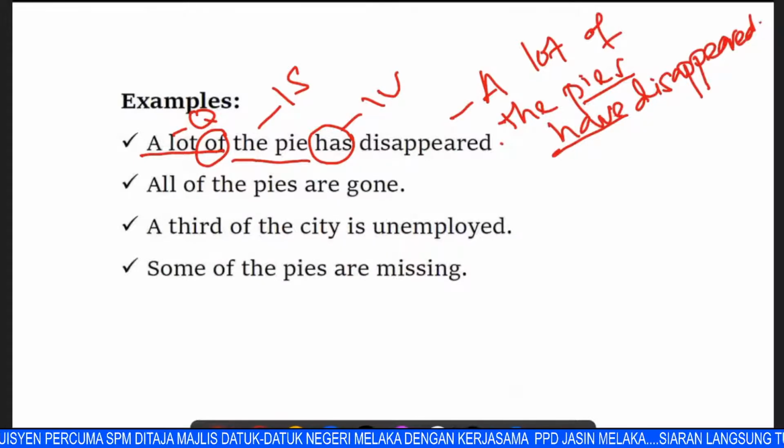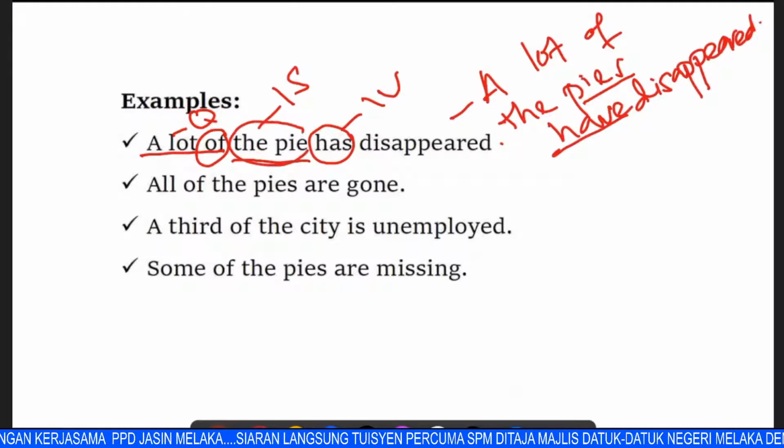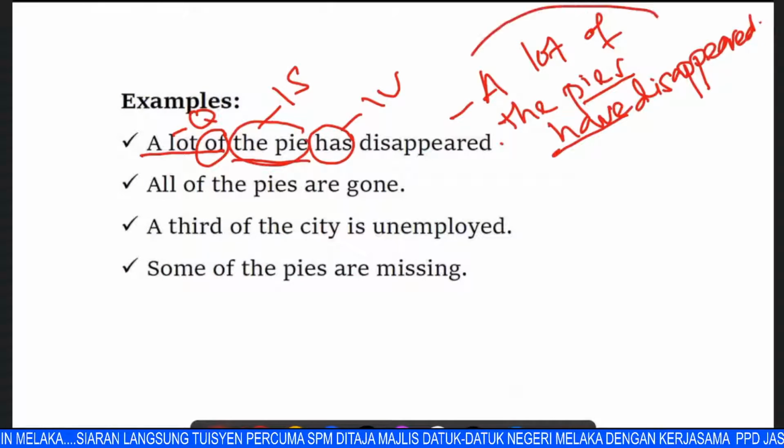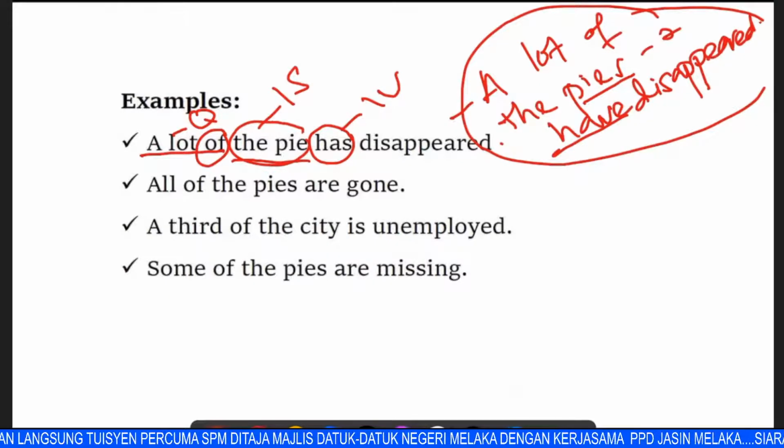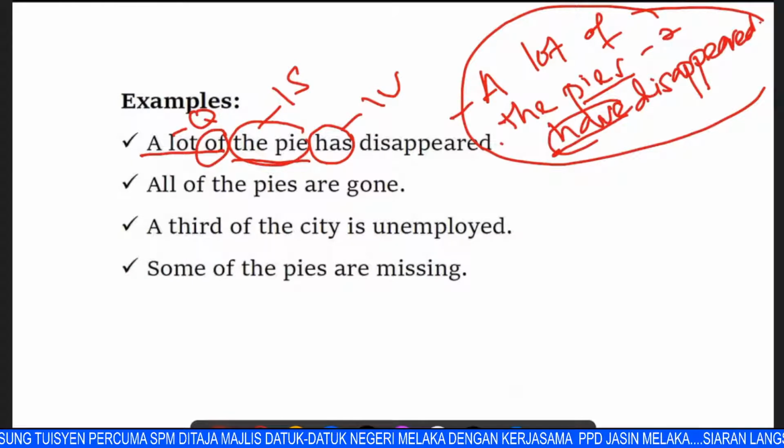A lot of the pies have disappeared. This example proves the previous slide, that the subject that follows of will determine the verb. Since after of we have only one pie, we need to use a singular verb, while here we have two pies or three pies, so we have to use have, a plural verb.